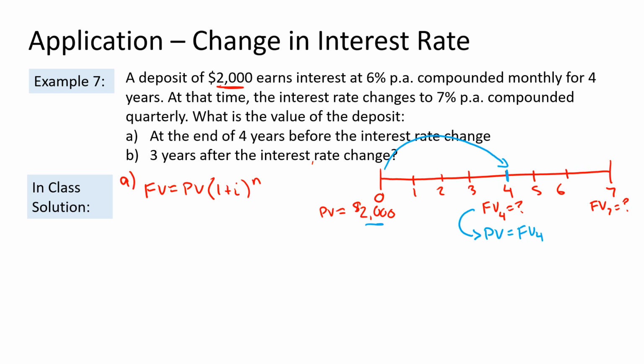For our second calculation, we're then going to find the future value 3 years ahead from that. That allows us to use, for the first calculation, this interest rate compounded monthly for 4 years. For the second calculation, it allows us to use the new interest rate, 7%, compounded quarterly for 3 years.